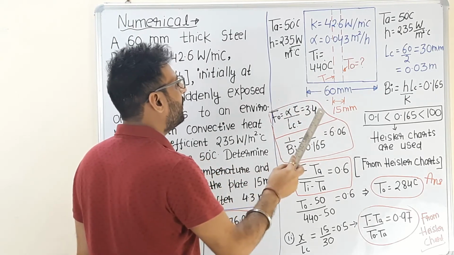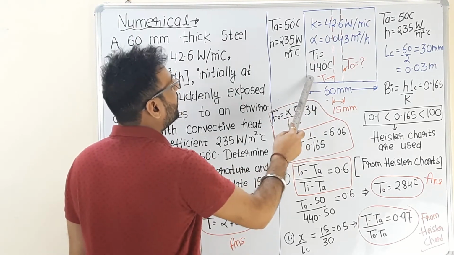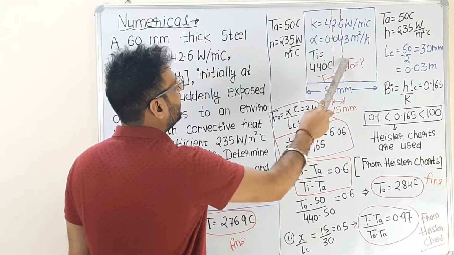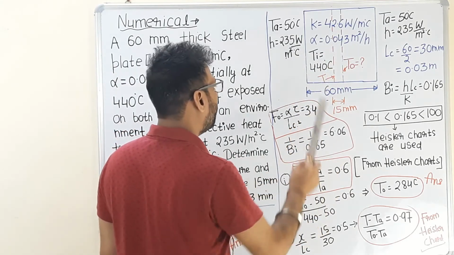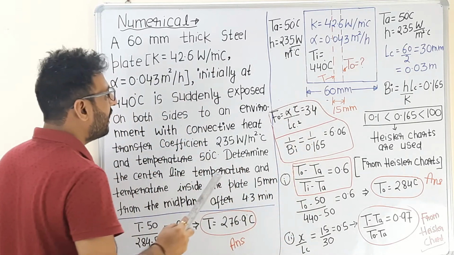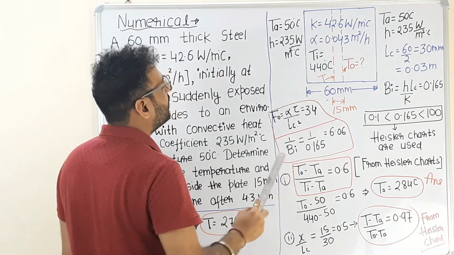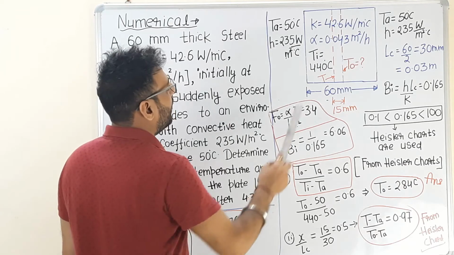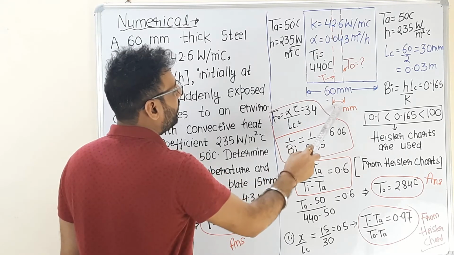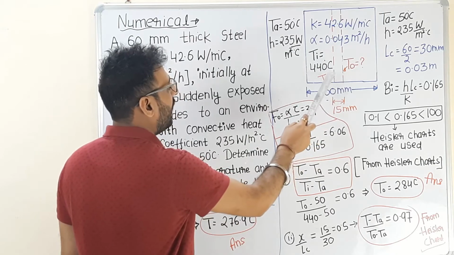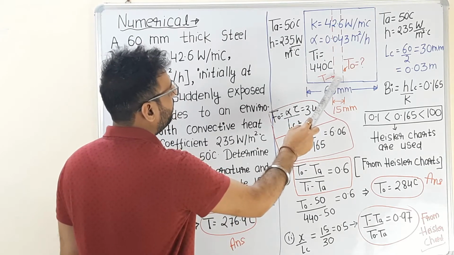Now we need to determine the temperature at the center of the plate after 4.3 minutes in the first part. Secondly, we need to determine the temperature at a point which is at a distance of 15 mm from the center line after 4.3 minutes.